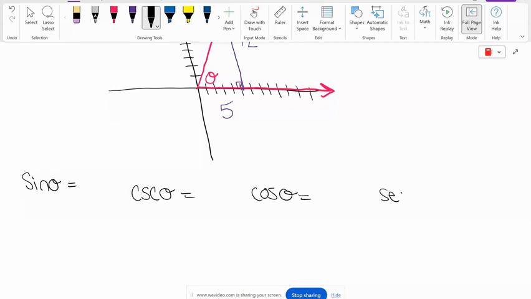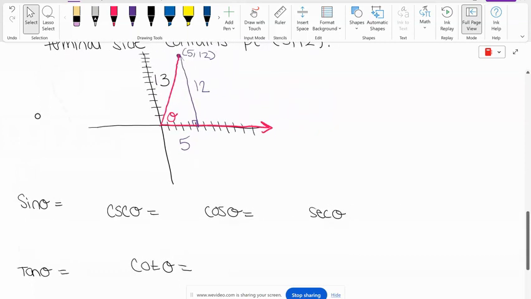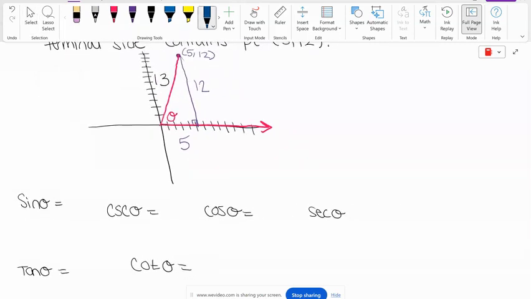We want secant of theta. We want the tangent of theta. And the last one will be the cotangent of theta. And now I'm going to rewrite that special word that helps me out, SOHCAHTOA. And everything is in reference to this angle theta.